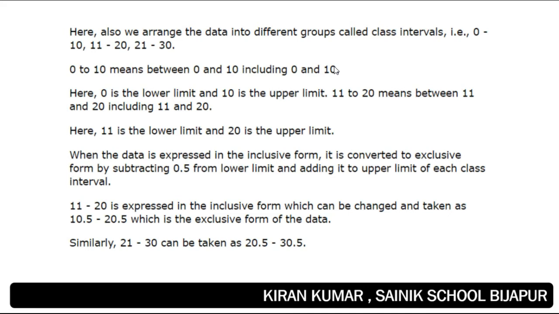So in the class 11 to 20, if it is in inclusive type, to change into exclusive type, we subtract 0.5 from 11, it becomes 10.5. When we add 0.5 to 20, it becomes 20.5. Similarly, 21 to 30, we take it as 20.5 to 30.5.